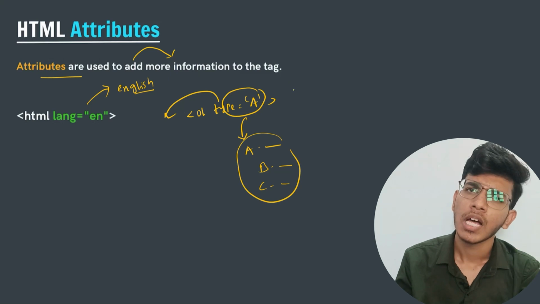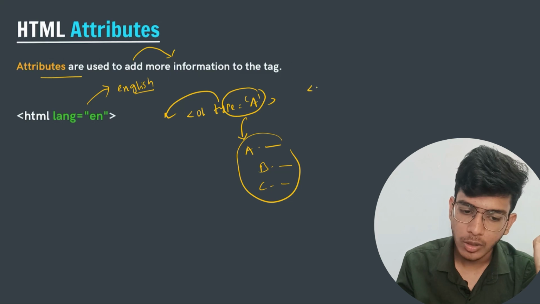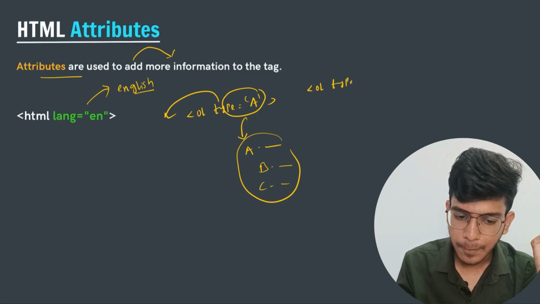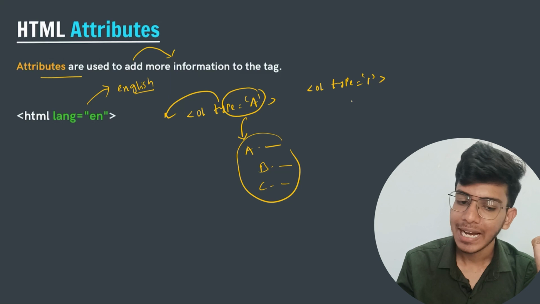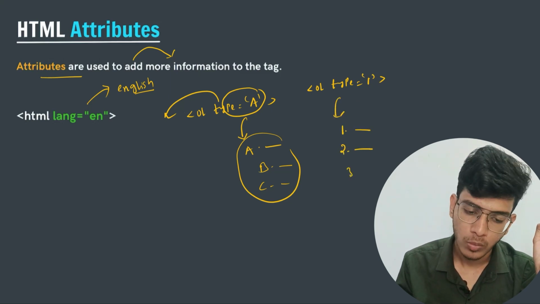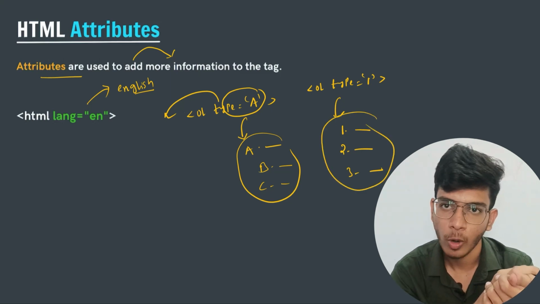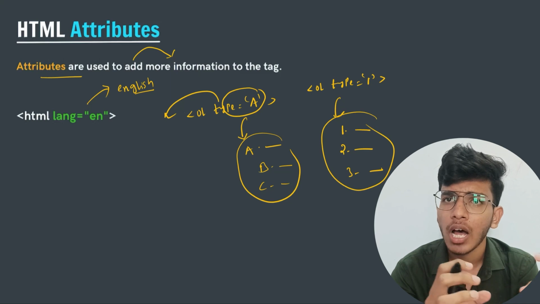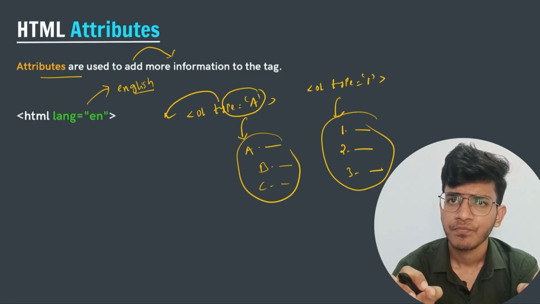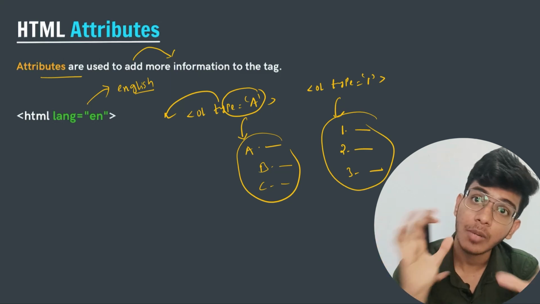Now if I want to represent my ordered list in terms of numbers, then I will write OL type is equals to 1, and this will represent my list elements with numbers 1, 2, 3, something like this. So attributes are something which are used to give additional information about the tag.